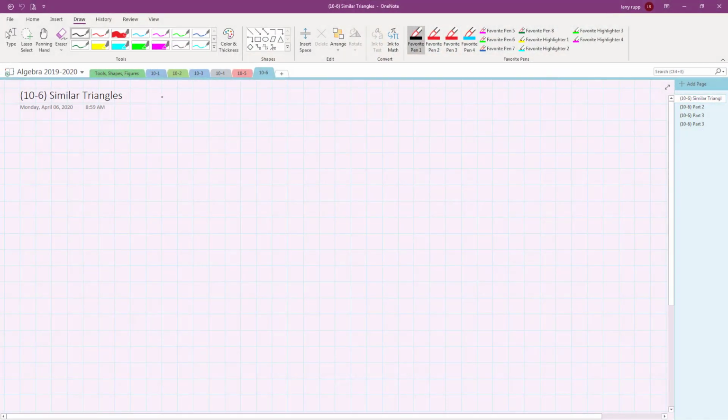Similar triangles. The word similar in our language means resembling but not identical, okay? Similar is resembling something, but it's not identical. It's not the same exactly.